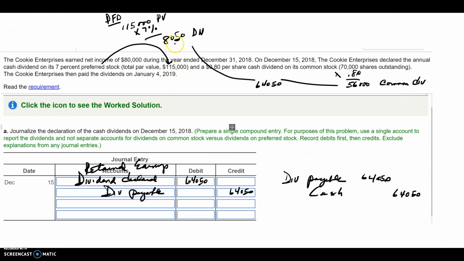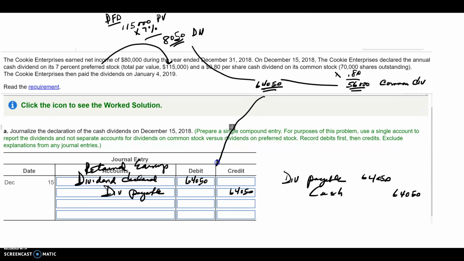Okay, here are the calculations on the dividend. So preferred is 115,000 par value, 7%, that's 8,050. And for the common, 80 cents a share, 70,000 shares outstanding, 56,000. On a combined basis, 64,050.